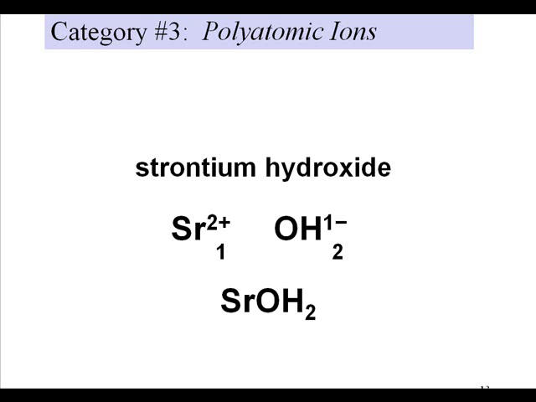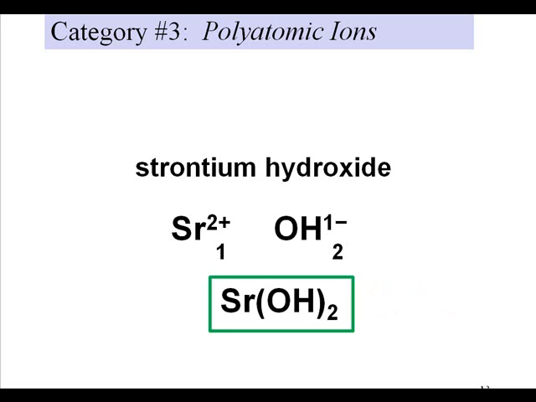And the result is SrOH2. But that's not right. You can't write it that way, because the way it's written right now says there's 1 strontium, 1 oxygen, and 2 hydrogen. That's not what we're saying. What we're saying is there's 1 strontium and there are 2 hydroxide molecules.